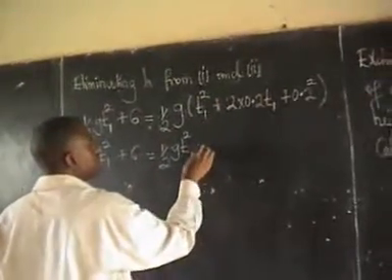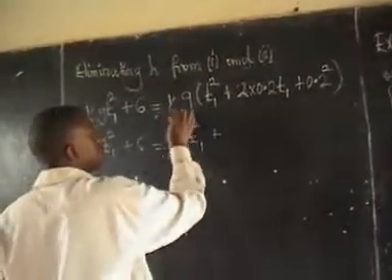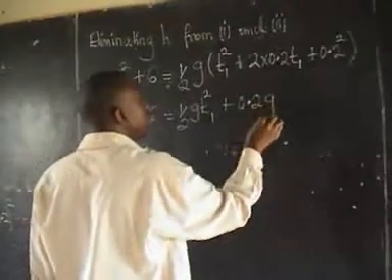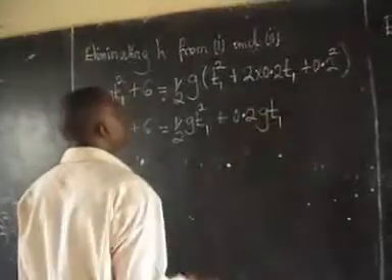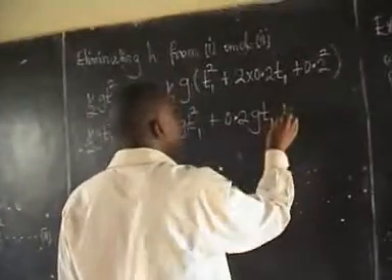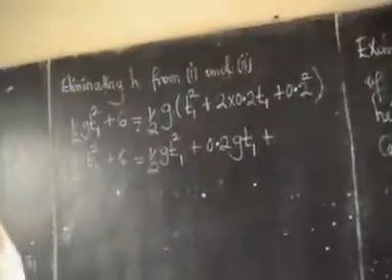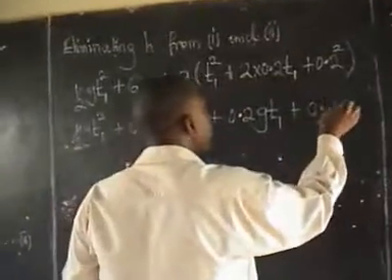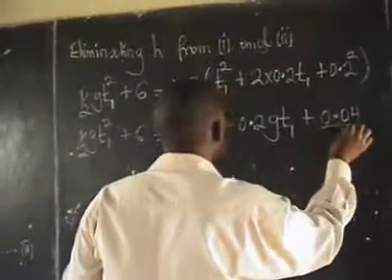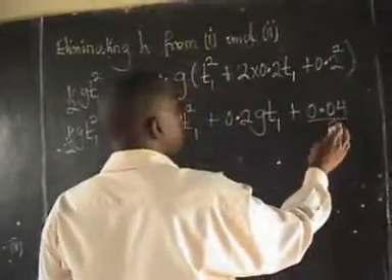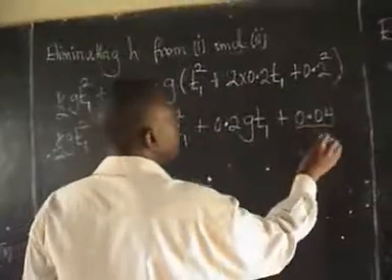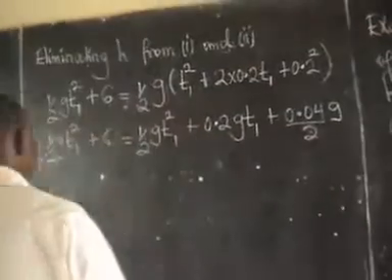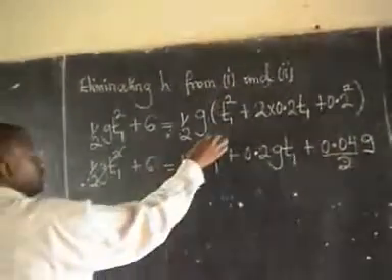Multiply this, you will get plus, this 2 will cancel with that 2, 0.2 g t1 plus 0.2 squared divided by this 2 times the g. So this will cancel with that.